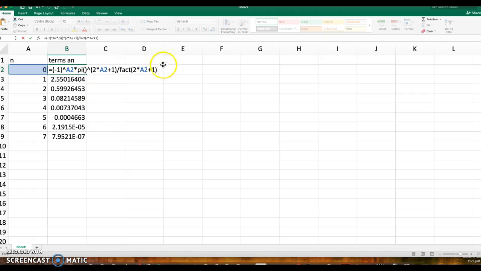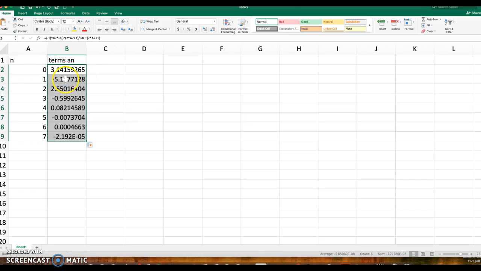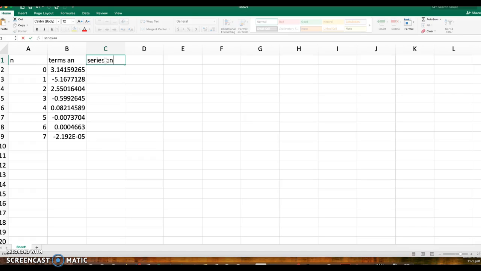So this would be the n plus 1 term. This would be the actual n term. And if I go back here, double click, you can see this increases once and then decreases in absolute value. So these would be just the terms of the sequence. If I want to get the series, I just start adding these values up. So I'm going to take previous value plus the new value.